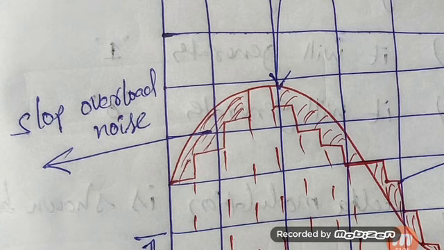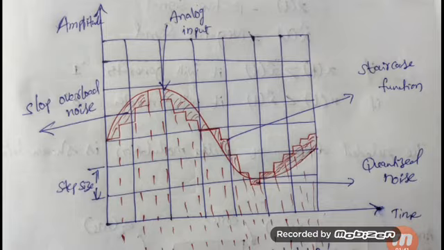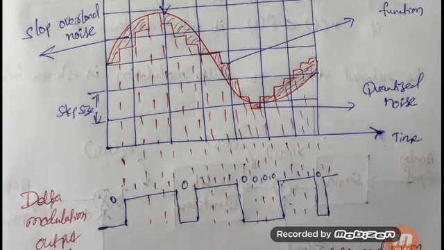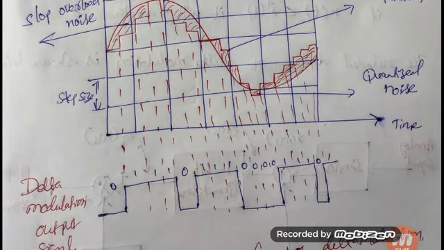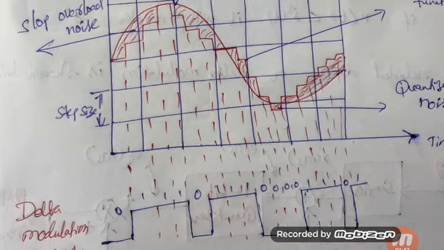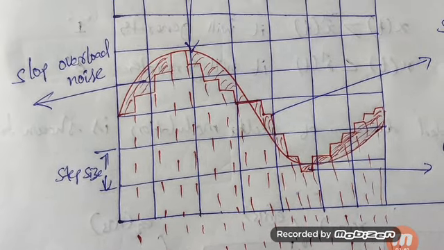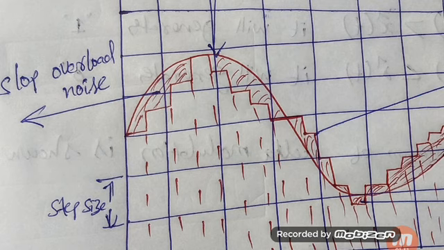That means when we convert continuous sine signals into sampled or quantized signals, and then into digital signals, in that process some unwanted noise occurs, that is slope overload noise.